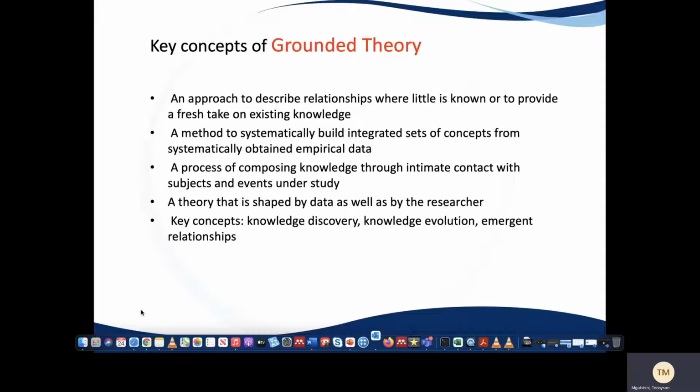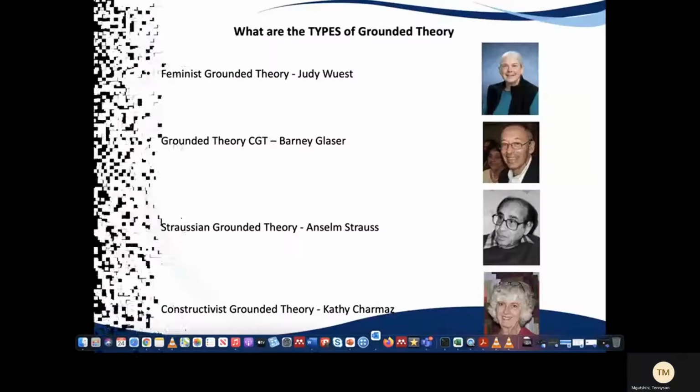So grounded theory appreciates that there's a possibility that this could happen. And in grounded theory, people talk about concepts such as knowledge discovery, knowledge evolution, and emergent relationships. And those are the types of words that are used in grounded theory.